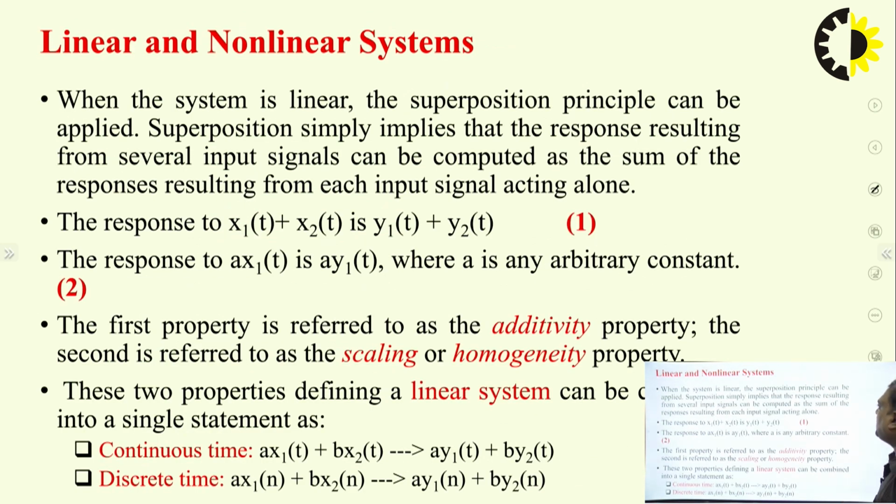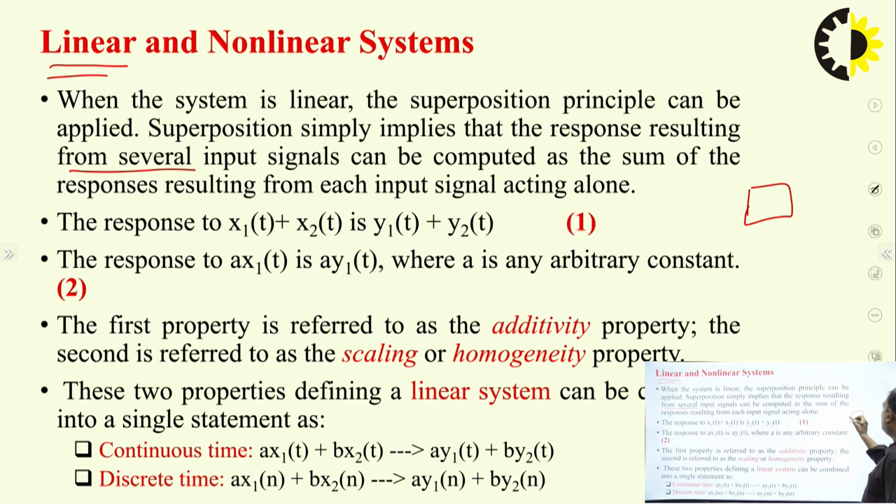Now come to the first type of system, linear and non-linear systems. So basically linear systems are those systems which follow the principle of superposition, and superposition simply implies that the response resulting from several input signals can be computed as the sum of the responses resulting from each input signal acting alone. So you can take it like this is our system.